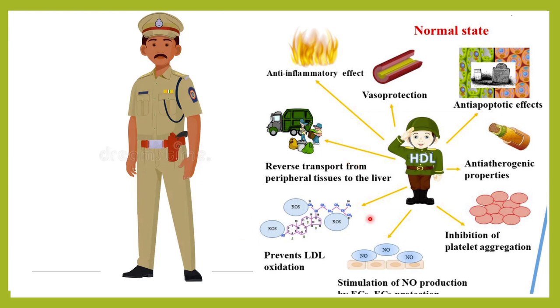It will prevent the oxidation of LDL, because if it does get oxidized, it is going to cause damage to the endothelium and the blood vessels. It will stimulate the production of nitric oxide, so that there is vasodilation, there is no platelet aggregation. Directly it can prevent the aggregation of platelets. It has anti-atherogenic properties.